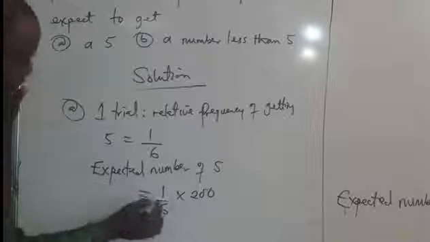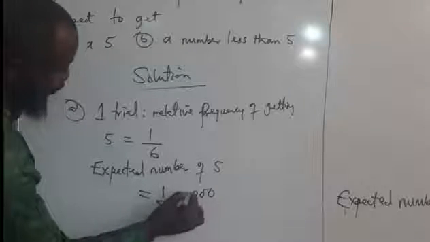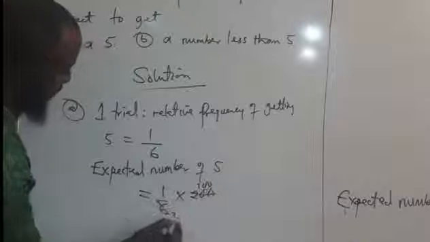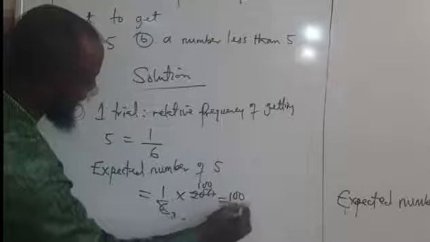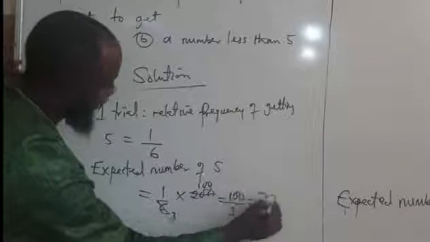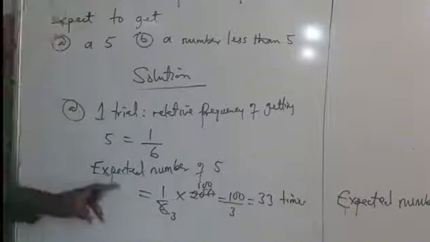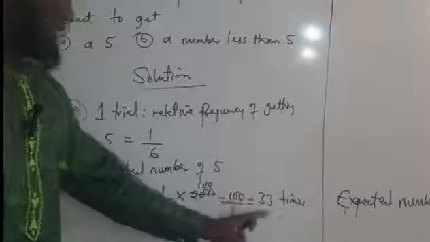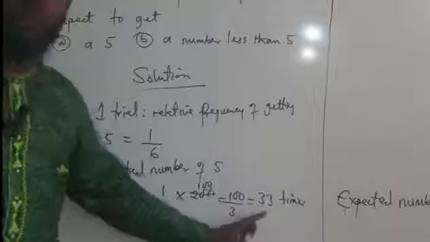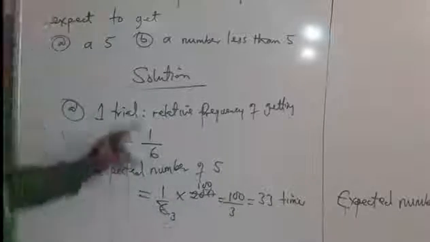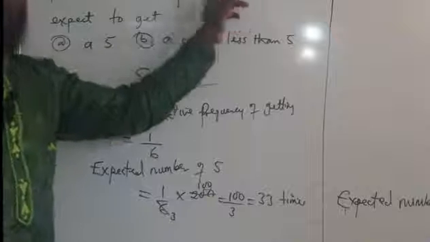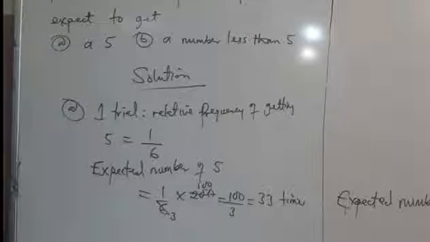That is 100 divided by 3, which gives us 33.3, that is 33 times. So we are expecting to get 5 about 33 times out of the 200 times that we have here. I believe that is very clear to you.